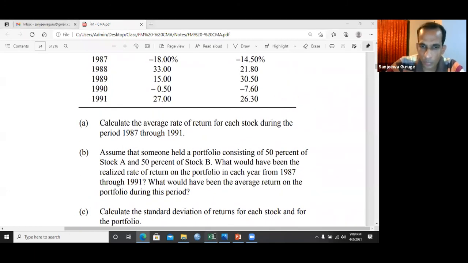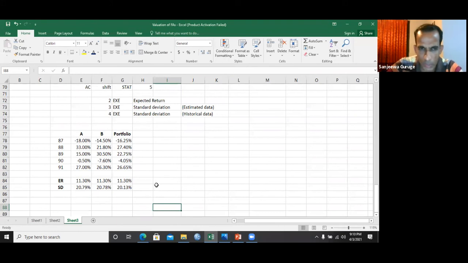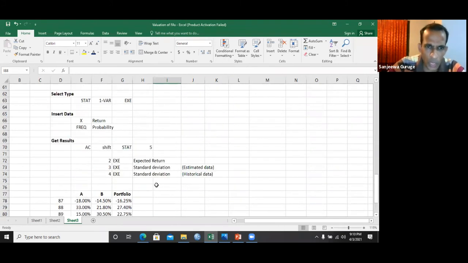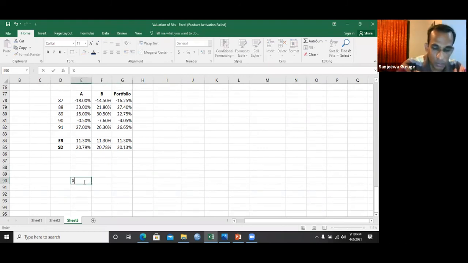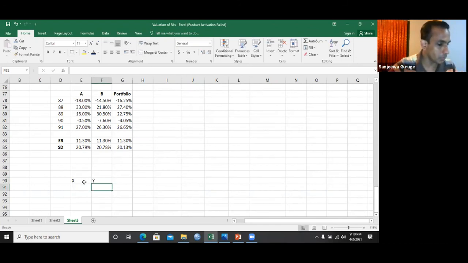Another point that we didn't discuss earlier: suppose there are two assets, X and Y, and you calculate the expected return and standard deviation.